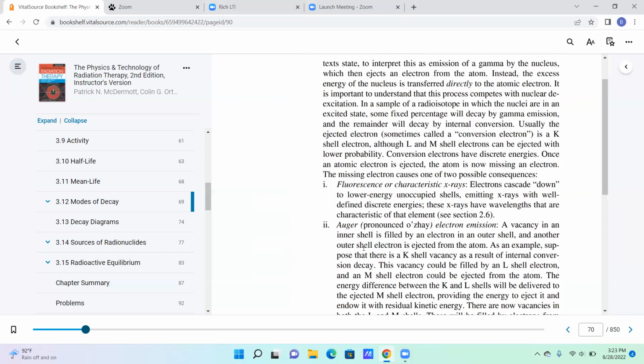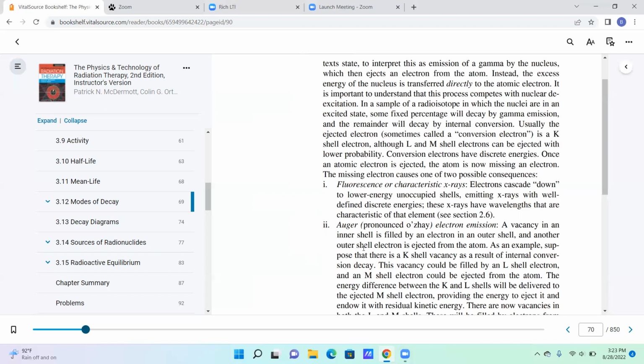Usually the ejected electron, sometimes called the conversion electron, is a K shell electron, although L and M shell electrons can be ejected with lower probability. Conversion electrons have discrete energies. Once an atomic electron is ejected, the atom is now missing an electron.